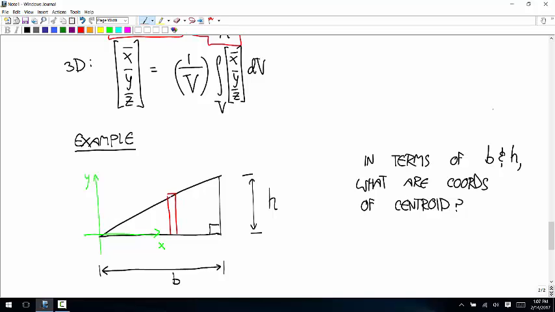That's supposed to be infinitesimally thin, where the location of that arbitrary strip is x. The thickness of that strip is dx.